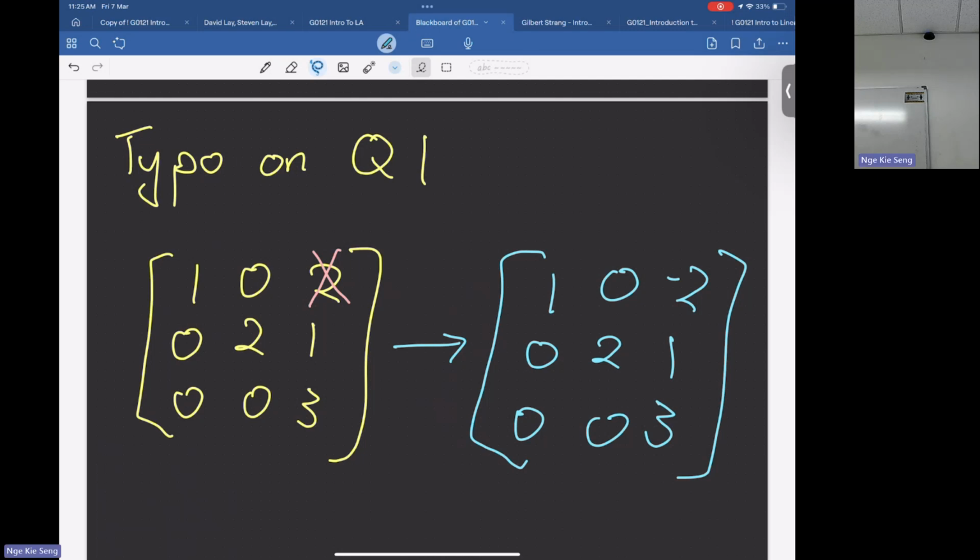Don't need to rush, I have enough time. Okay, make this correction: 2 becomes minus 2.